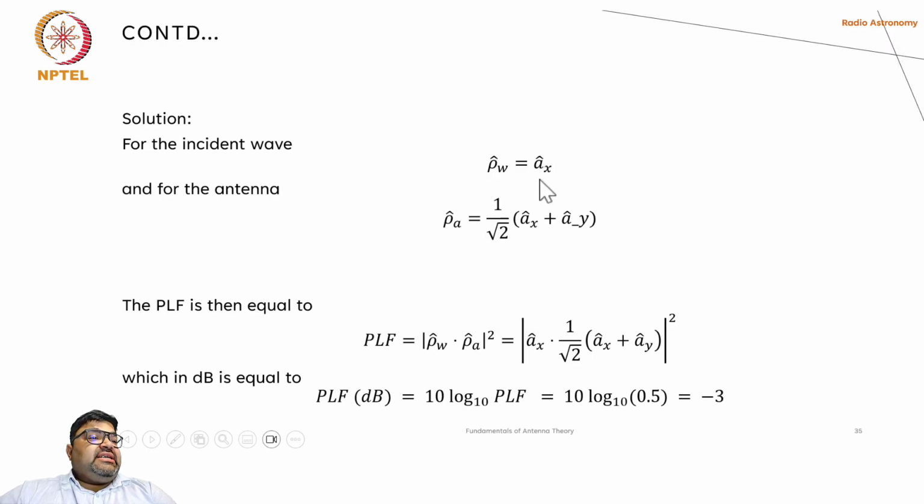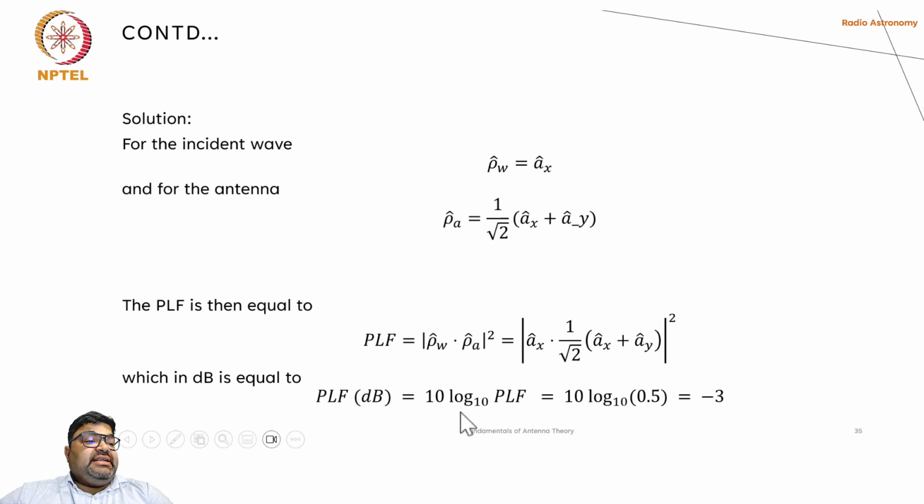So the incident wave is along x, and for the antenna the radiation pattern is along x and y. So the polarization loss factor is given by rho w dot rho a whole squared, and that is given by this.